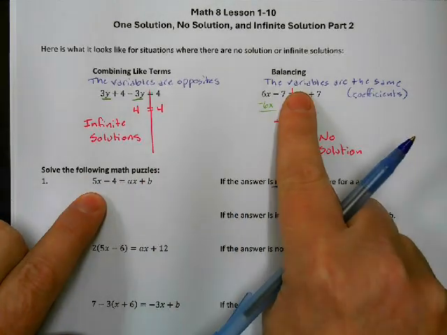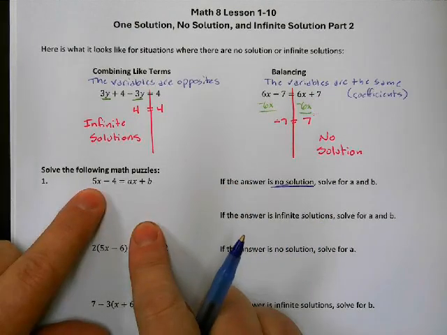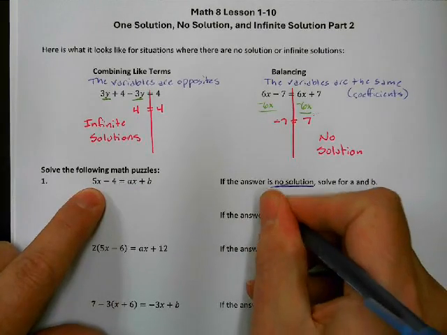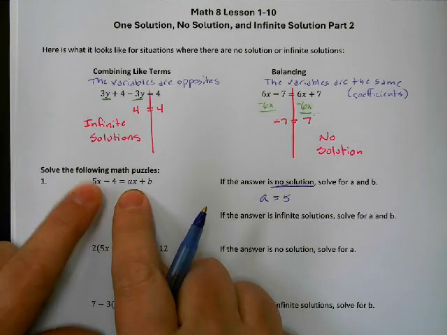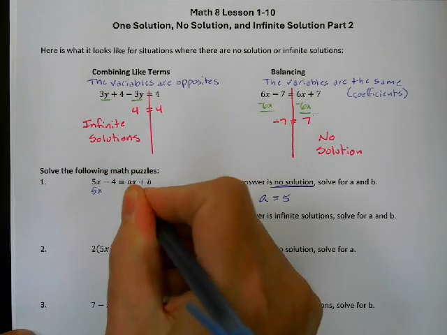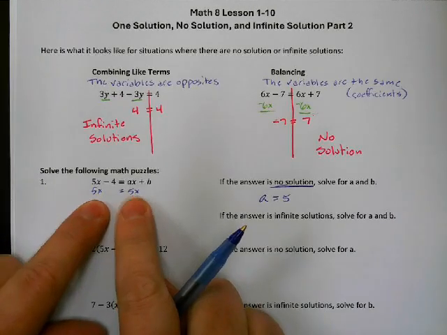When we balance it, the coefficients of the variables need to be the same. So this is 5x. This one would also have to be 5x. So the a would need to be equal to 5. Because if I had 5x here and 5x here, when I do my balancing, the 5x's are going to go away.